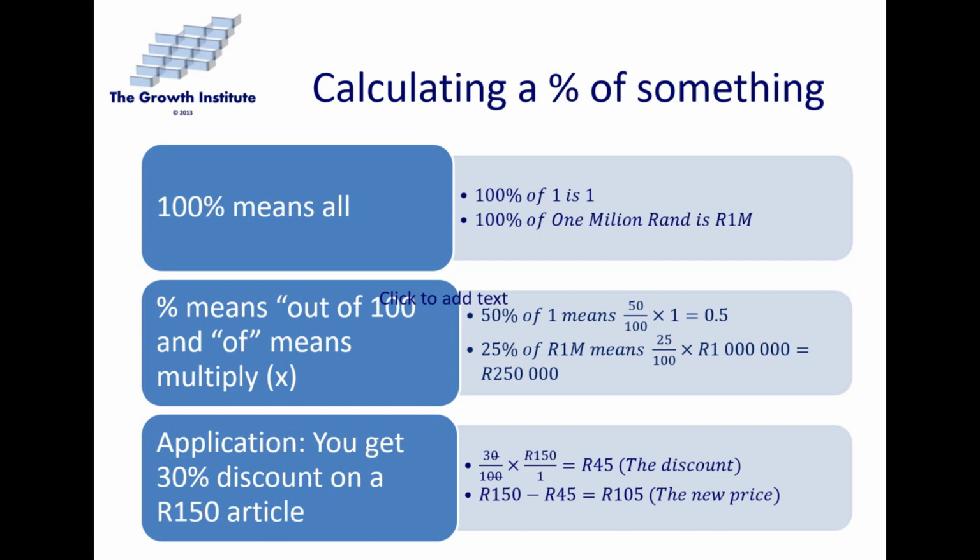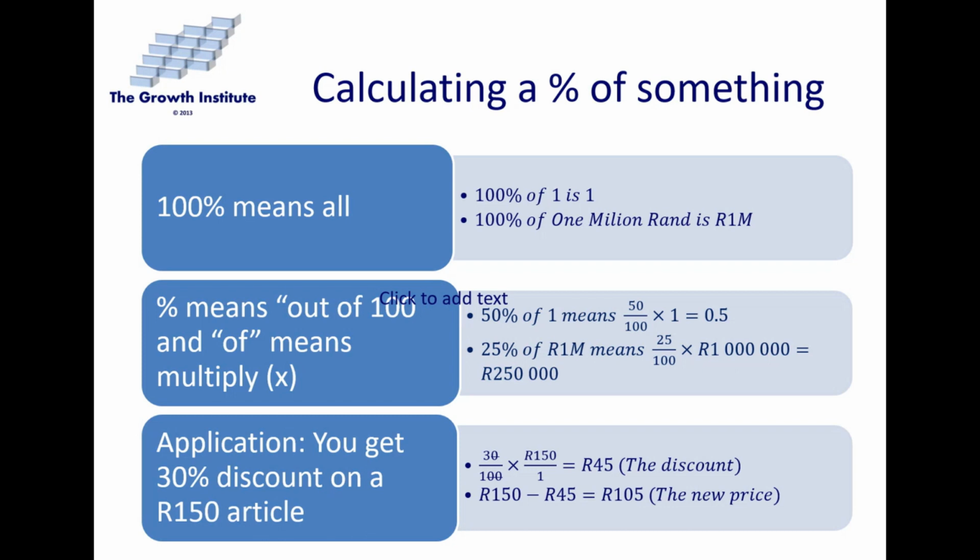You get 30% discount on a 150 Rand article. Then you say 30 out of 100 multiplied by 150, and remember, anything that we have a whole number of, we can just put it over 1, and then it will give us 45 Rand.